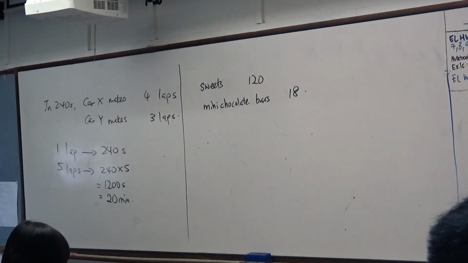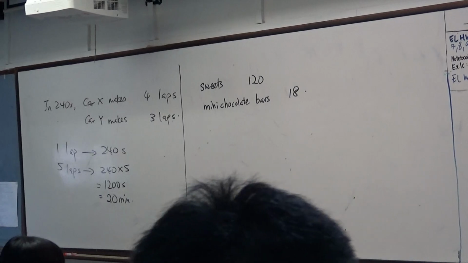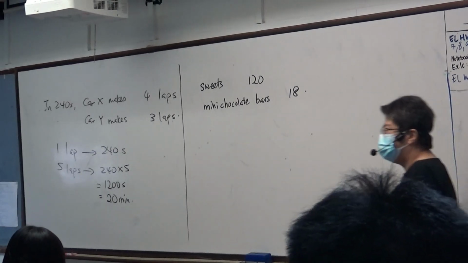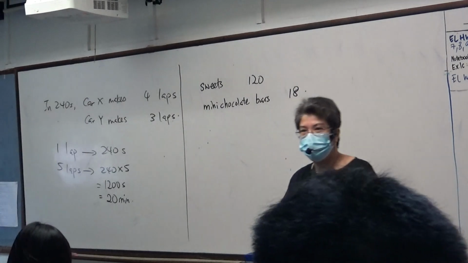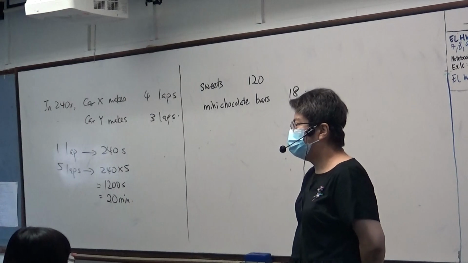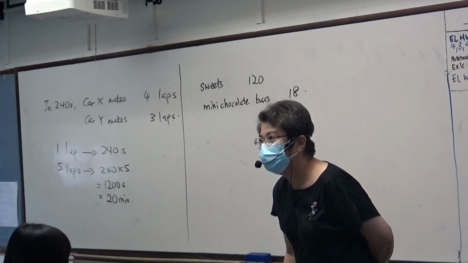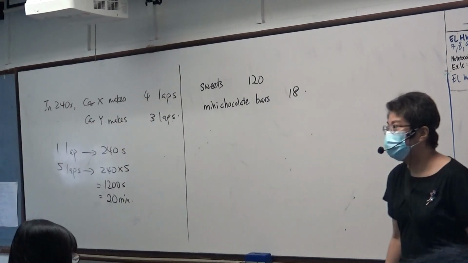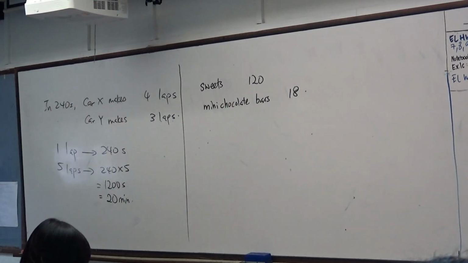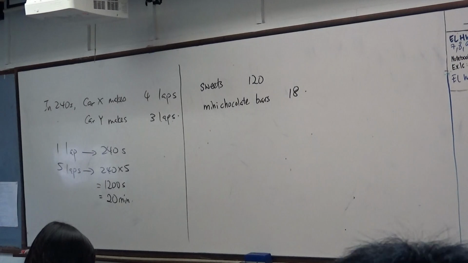Okay, this is number 21. What do I look for? Highest common factor or lowest common multiple? LCM, right? Do you agree it's LCM? No, you look at the question first. Sweets are sold in packs of 120.